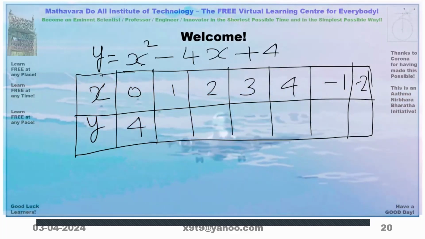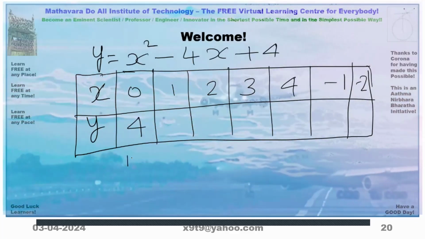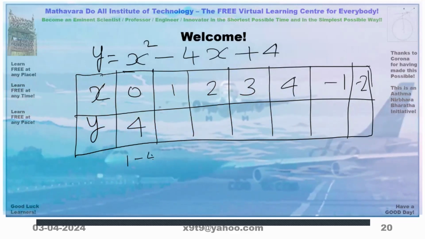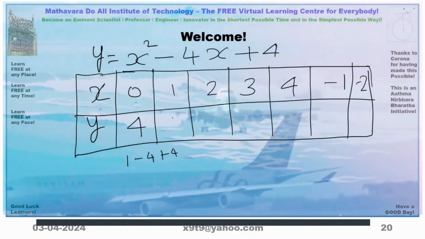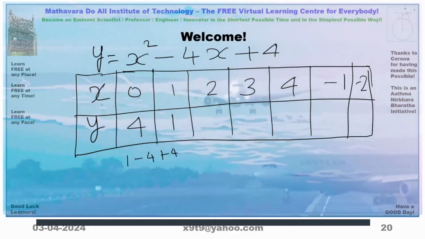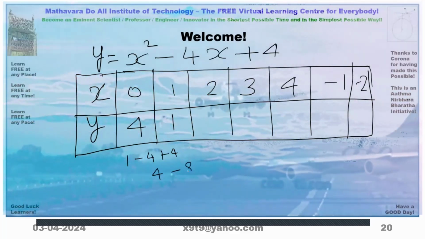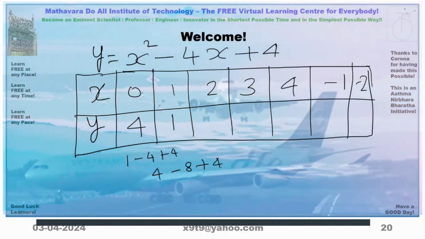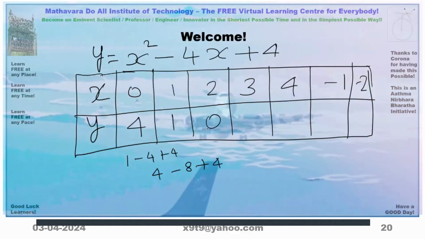If x is 1, 1 square will be 1 minus 4 into 1 plus 4. So you will get 1 here. If you put 2 here, 2 square is 4 minus 8 plus 4. So that means it will be 0.